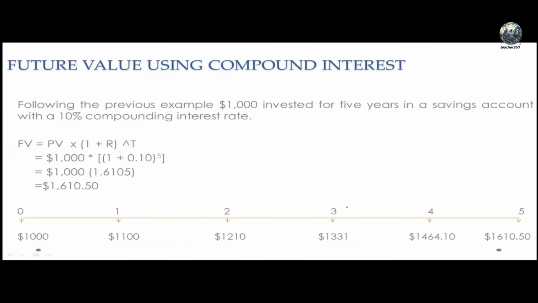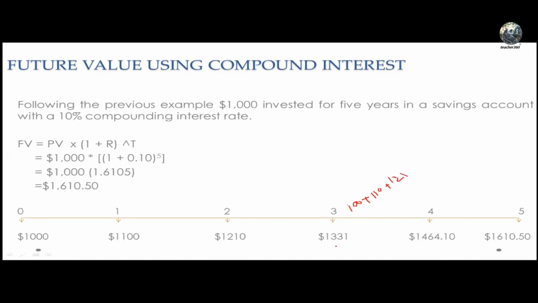Interest will be 100 on your principal amount, 110 on first year interest, plus 121 on second year interest.